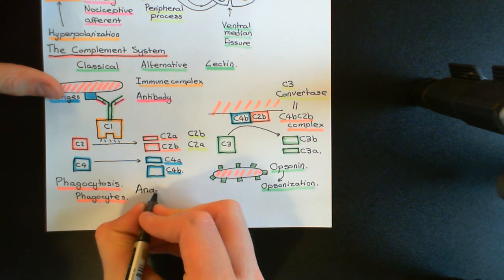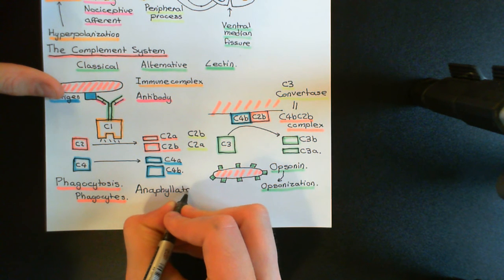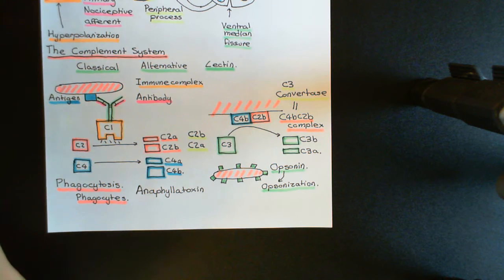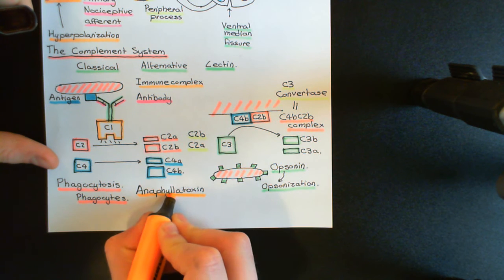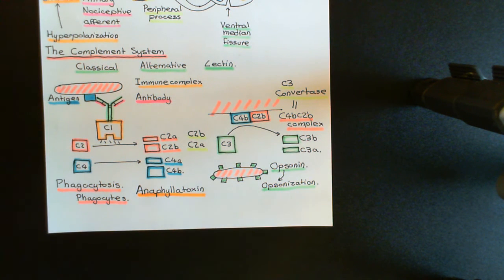C3a is what is known as an anaphylotoxin, and we'll see another molecule, namely C5a, which is also given this great, terrifying sounding title, anaphylotoxin. These are capable of activating mast cells to release more histamine, and indeed this is a propagation of the inflammatory response.